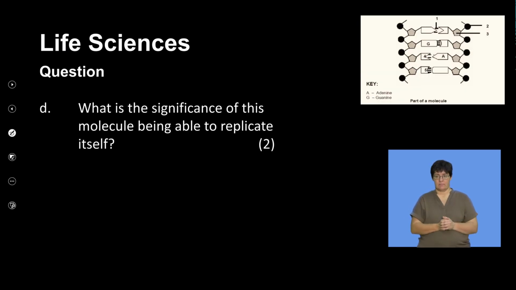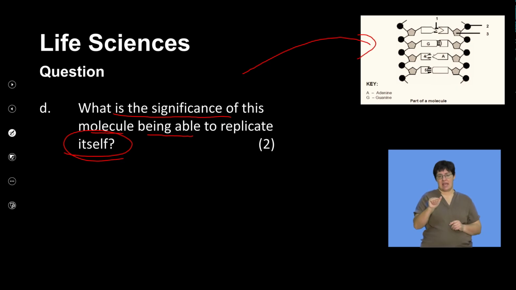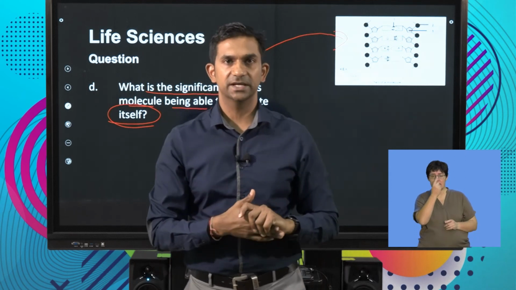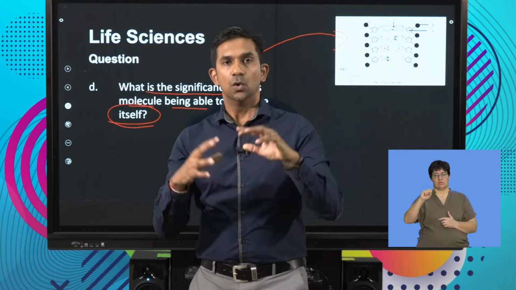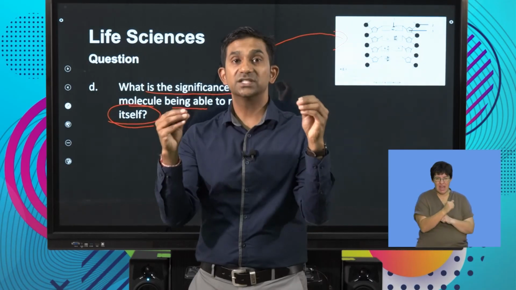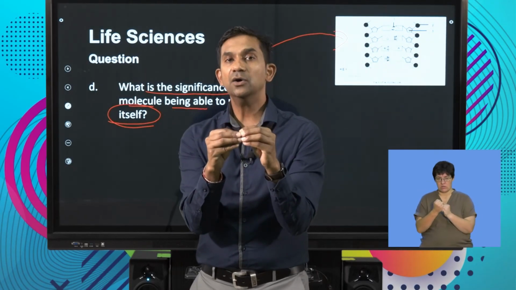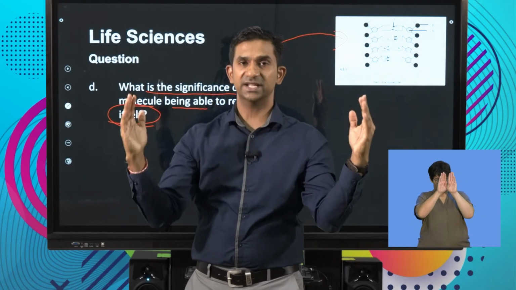Cool. The next question: what is the significance of this molecule being able to replicate itself? Now, the question refers to what is significant about DNA being able to replicate itself. And so if we understand the model of replication, and the model that we referred to was the semi-conservative model of replication, we can understand simply that the structure of DNA with its complementary nature allows for free nucleotides to easily base pair when the strands are separated.